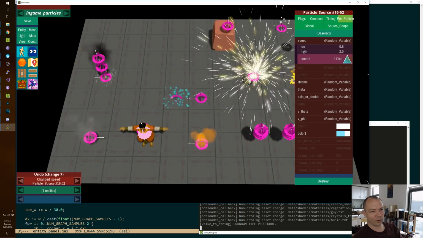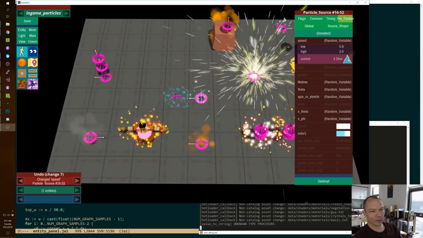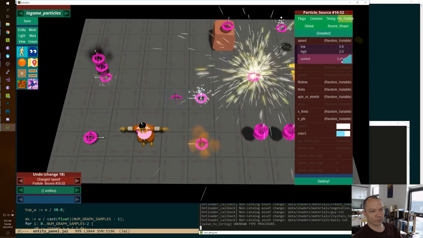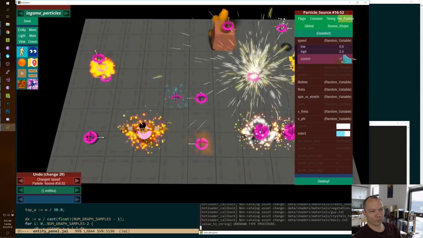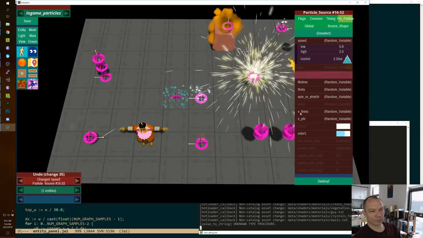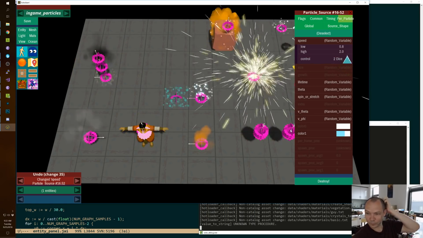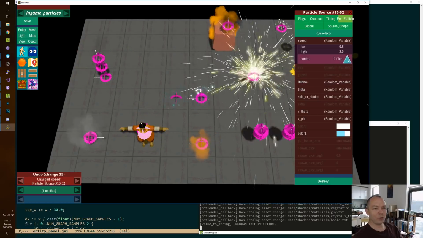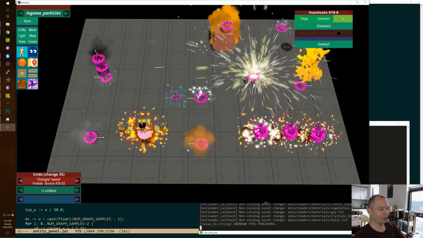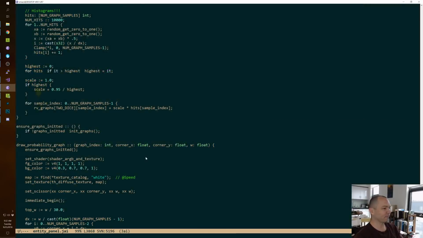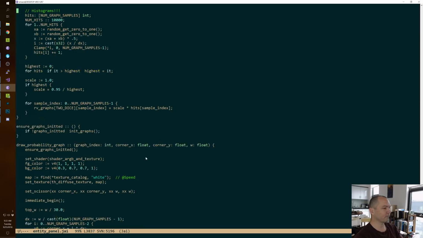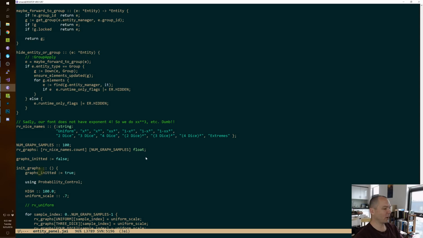So for 2 dice, yeah, I don't know. Does Unity do this? I don't think so. All right, so now what's bothering me is that we're not supposed to be calling init graphs every frame.